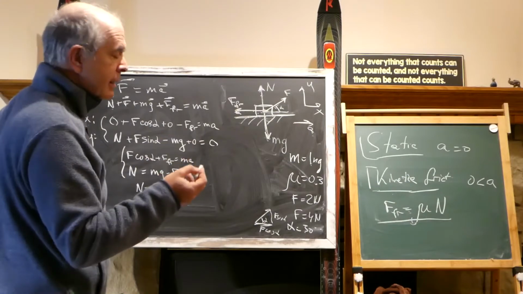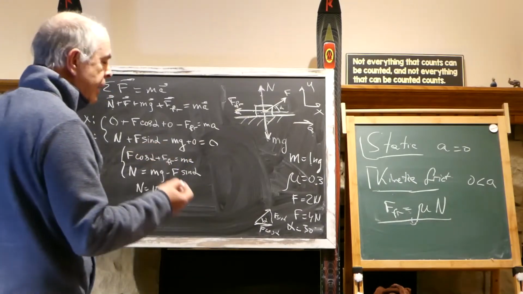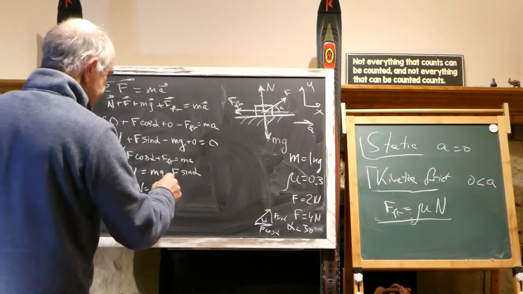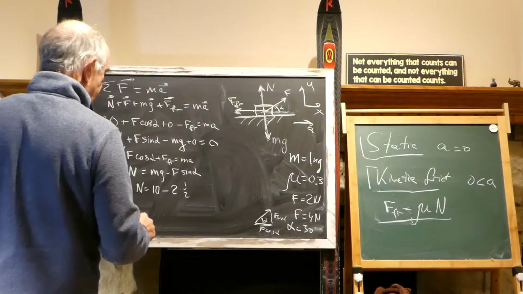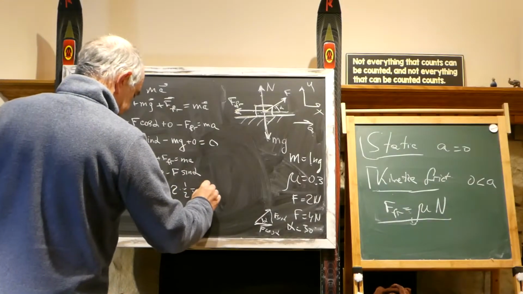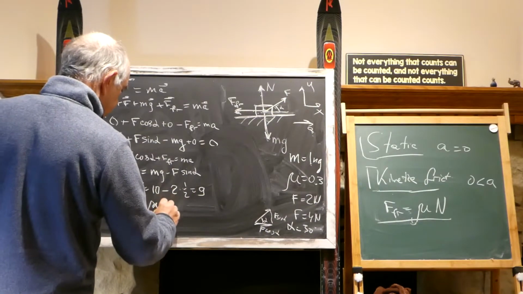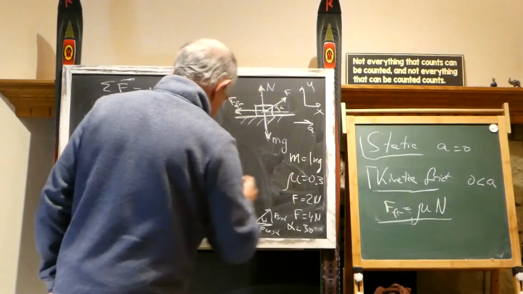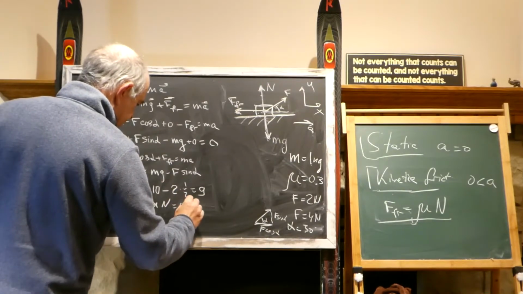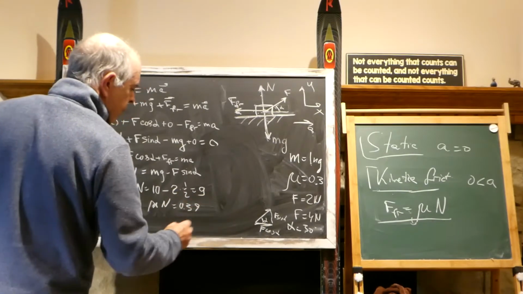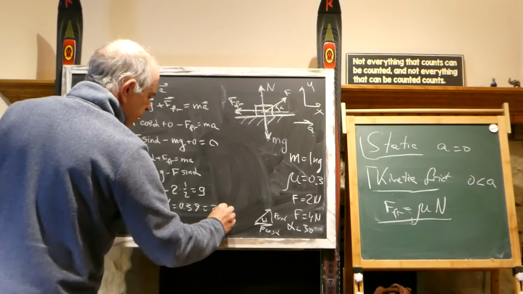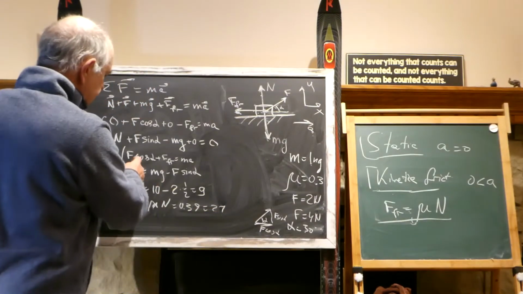Go to my playlist, Mathematic Trigonometry and Mathematic Vectors, and you will have 1, 2. And then it would be 9, right? And mu N, the maximum, would be 0.3 multiplied by 9. It would be 2.7.